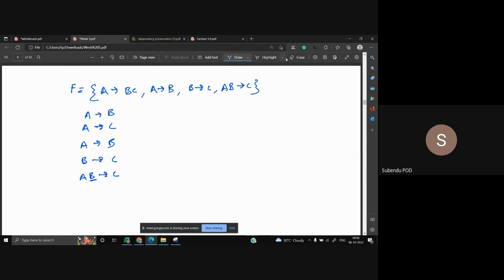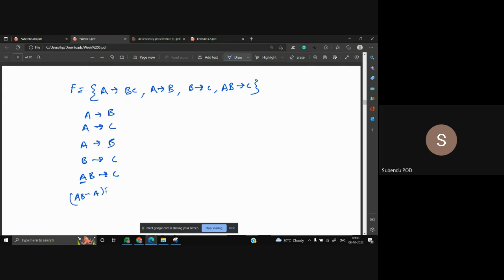Let's find whether A is extraneous or not on the left hand side. So if we want to find whether A is an extraneous attribute or not, how do we find it? We do alpha minus A, so AB minus A.